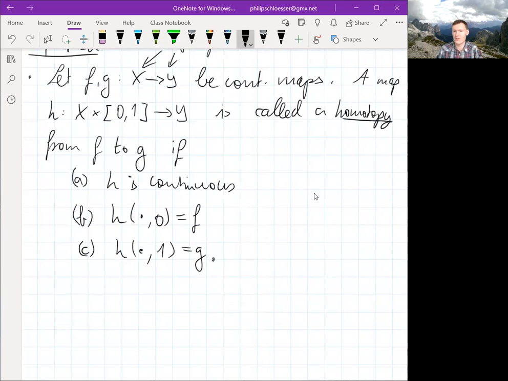Now, this notion on its own is, I don't know, usually you also want a bit more. You usually also want to have a subset on which this map is fixed.